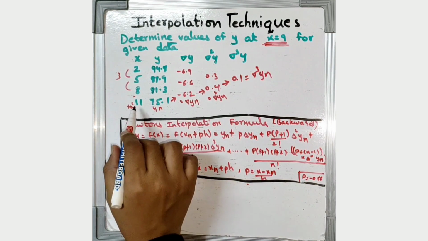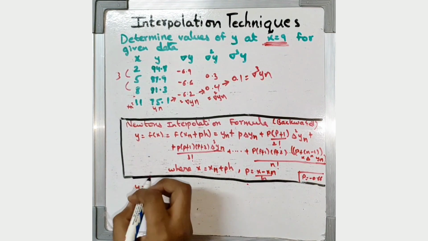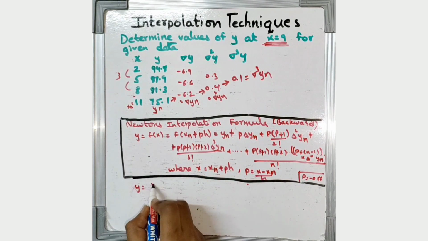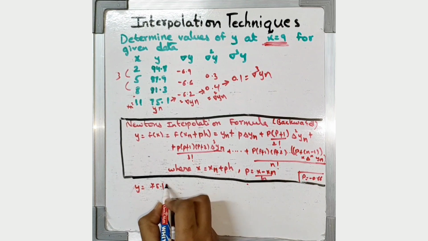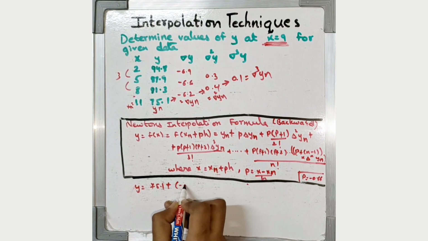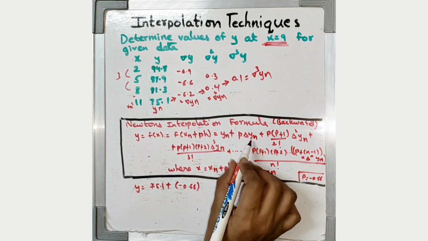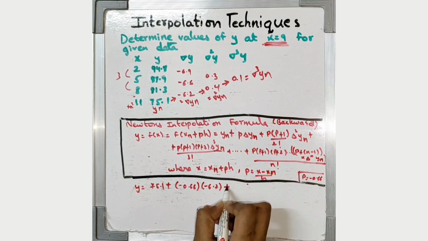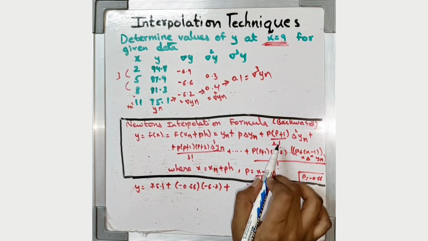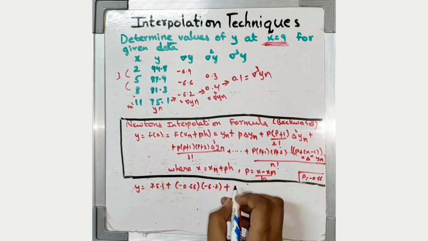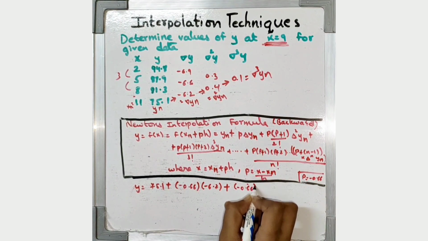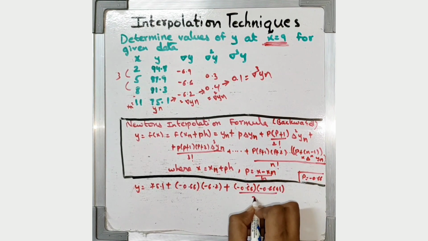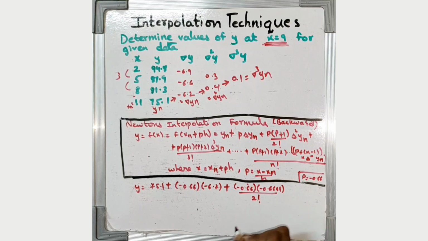Xn is 11, and substitute yn, which is 75.1, plus p, which is minus 0.66, into delta yn, which is minus 6.2, plus p into p plus 1 by 2 factorial, that is minus 0.66 into minus 0.66 plus 1 divided by 2 factorial.